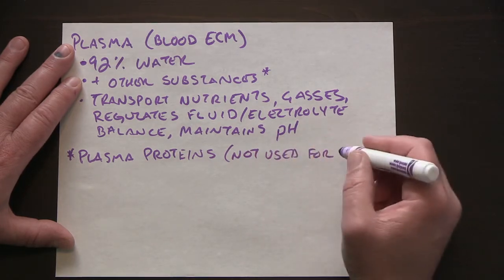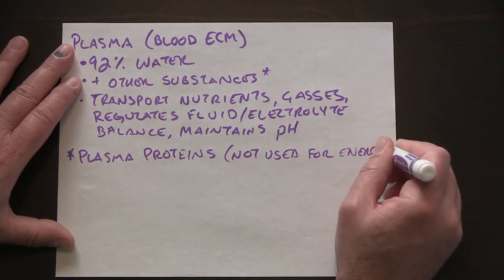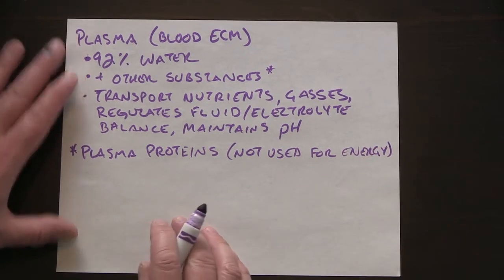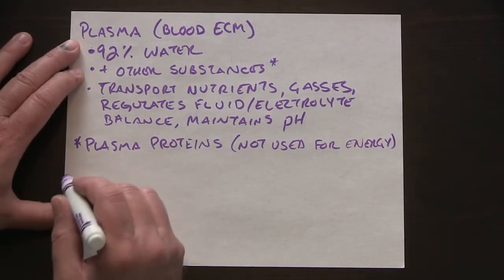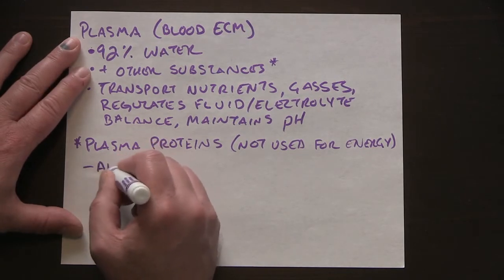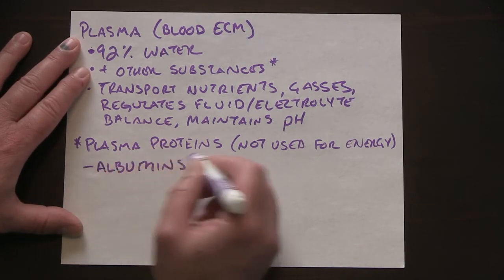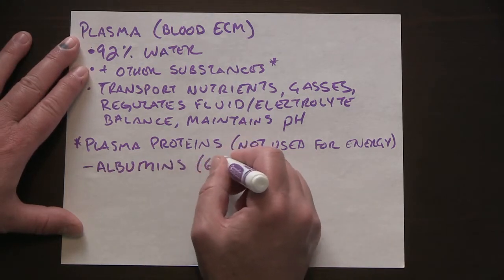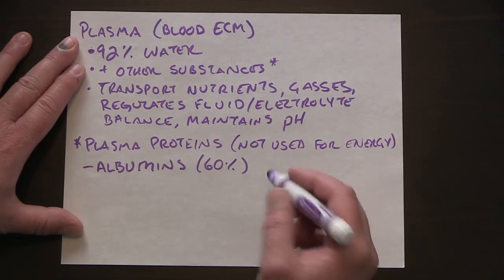Like the chicken that you eat is used for energy, or the steak or whatever. Or the soy for the vegetarian. Plasma proteins, not used for energy. The most abundant of these are called albumins. And they're about 60% of all the plasma proteins that are circulating.